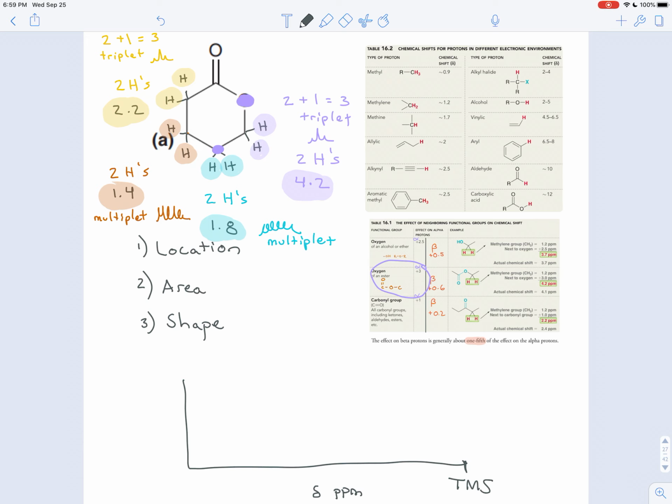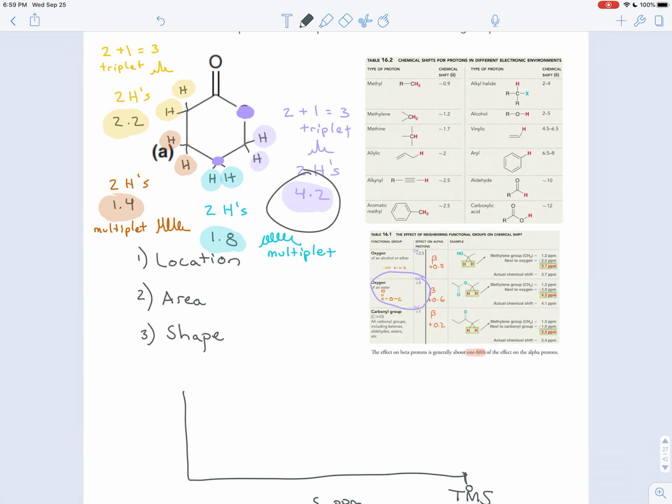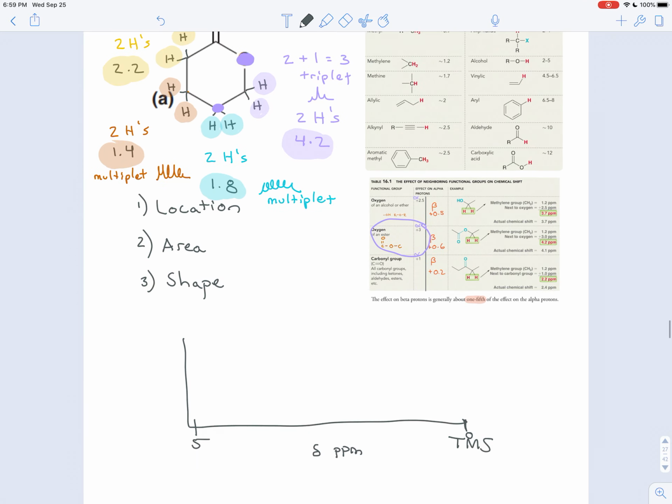So TMS is assigned 0. Now here, our largest number is 4.2, so I'm just going to put this as 5. So we have 0, 1, 2, 3, 4, and 5.